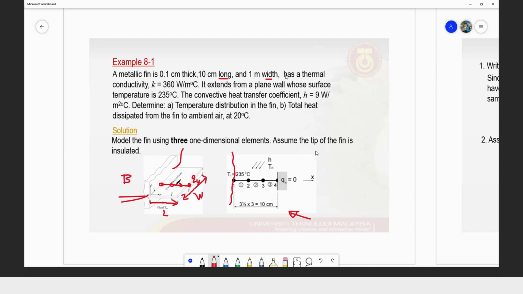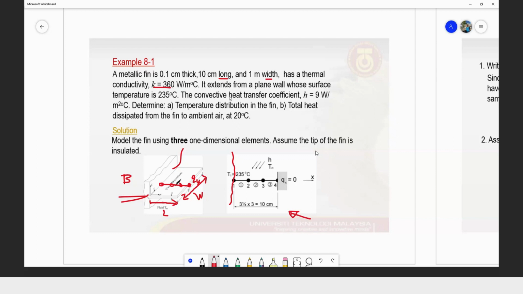It has a thermal conductivity K. So this is the material that we use for the metallic fin, and this is the conductivity. It extends from a plain wall whose surface temperature is 235. That means we know T base, or T1, which is given as 235.